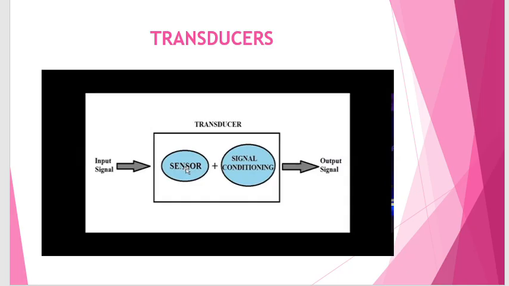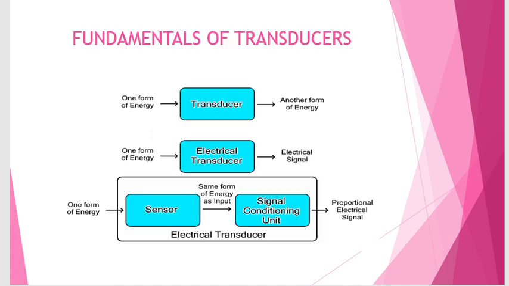Usually in the case of an electrical transducer, mechanical energy will be converted into an electrical signal. That is helpful in the case of the transducer's electrical signal, which may be in the form of voltage, current, or sometimes frequency.